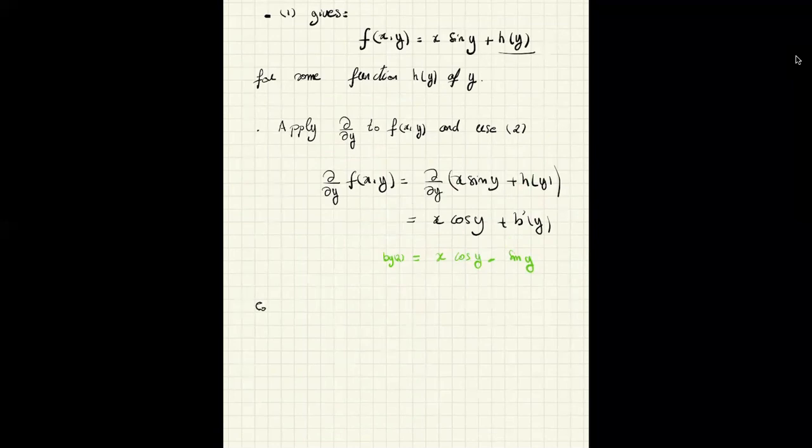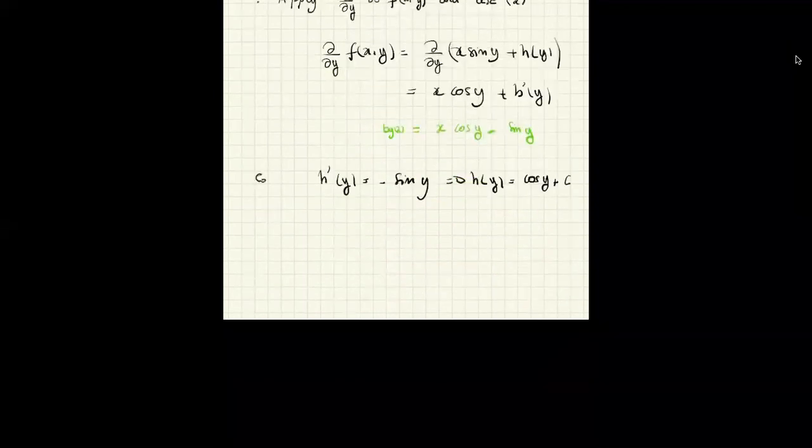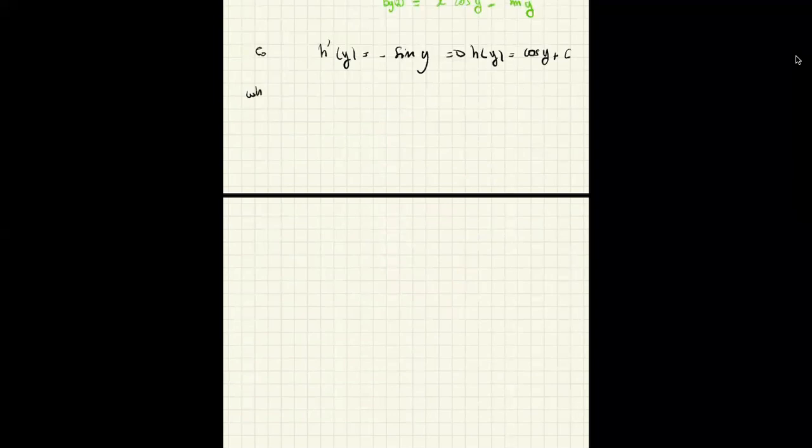So h prime of y is equal to minus sine y, which means that h(y) is cos y plus a constant. Now it's a one variable function where c is a constant, right? Now you can choose whatever you want.